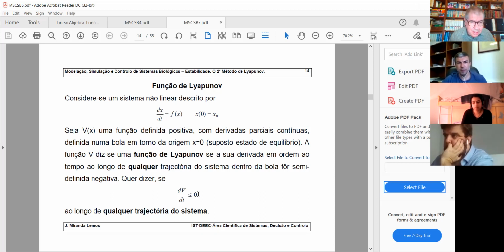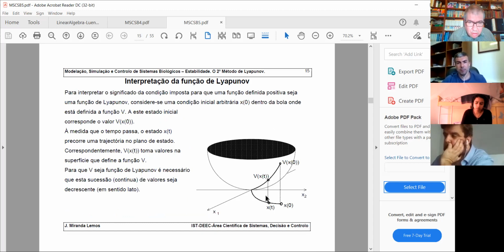Then you say that the origin is stable. If this is smaller than 0, then it's asymptotically stable. So what is the interpretation? You have the state space and you have your function. The function is this cup here. Now you start with some initial condition, for instance this point here, x0, and you integrate your state equation.